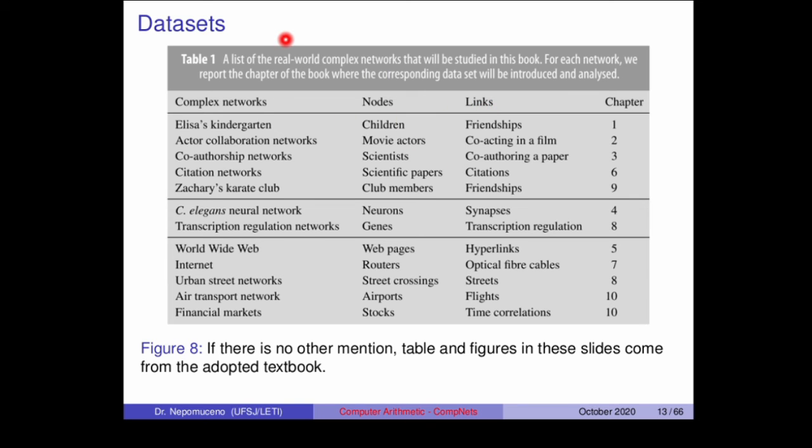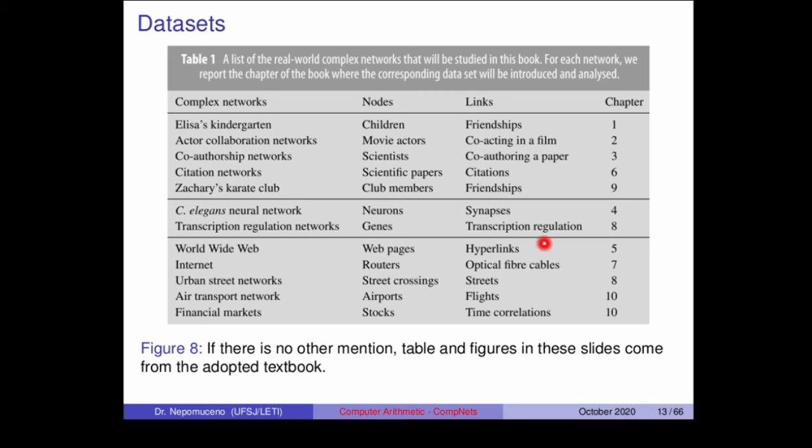So here you can see some examples of datasets from our book, Vito Latora's book: a list of real-world complex networks that will be studied in this book. For each network, we report the chapter of the book. You are not going to see all of them, but it's quite useful because you can download them and have a look.